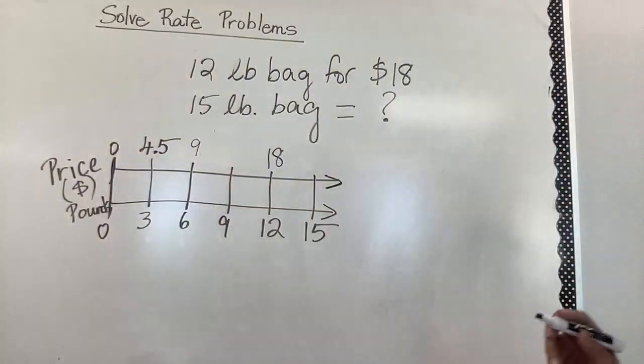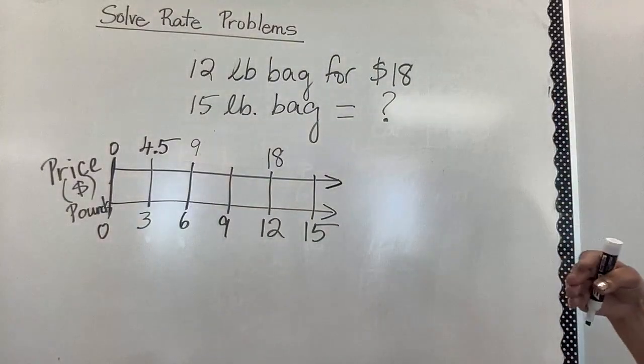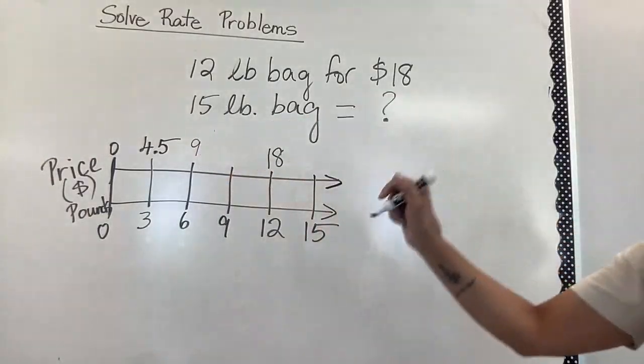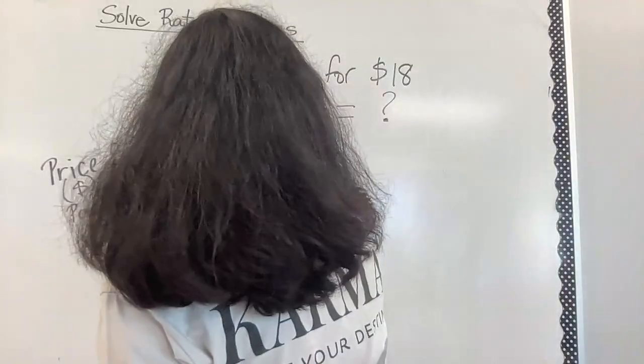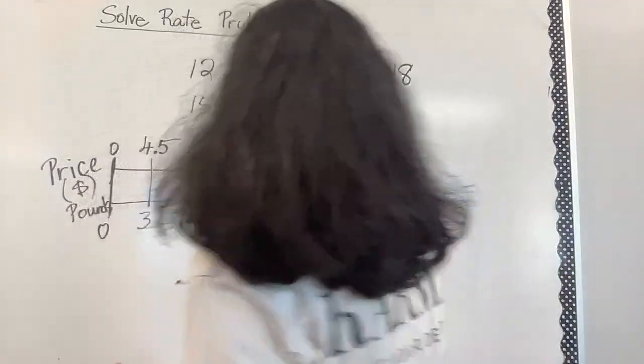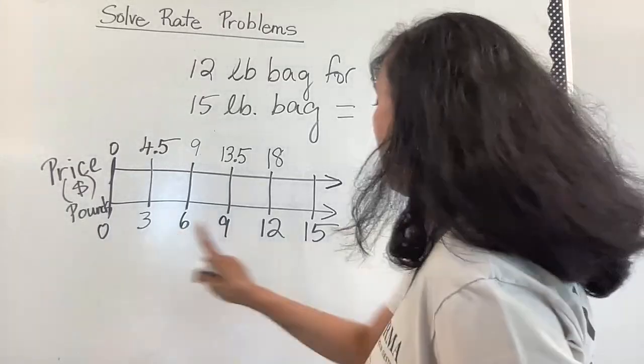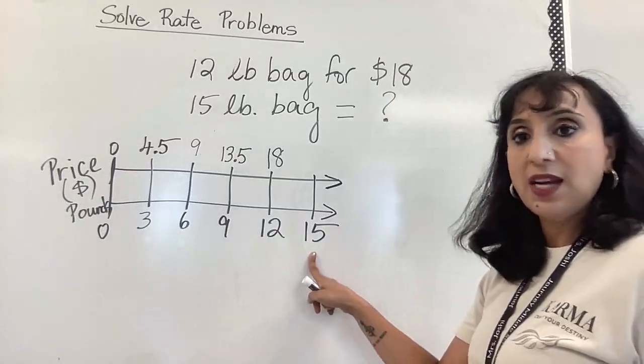All right, and so then I can scale forward. I can see it's going up 4.5 increments over here. So the next one is going to be 13 and 5/10. Then I'm going to just scale forward because 3 times 5 gives me 15, right?